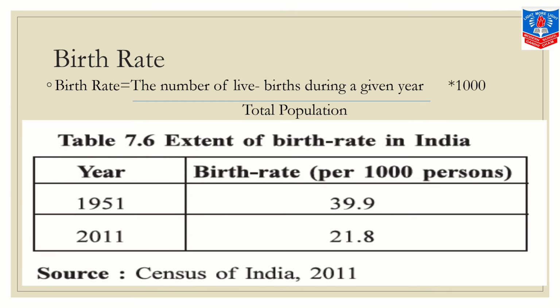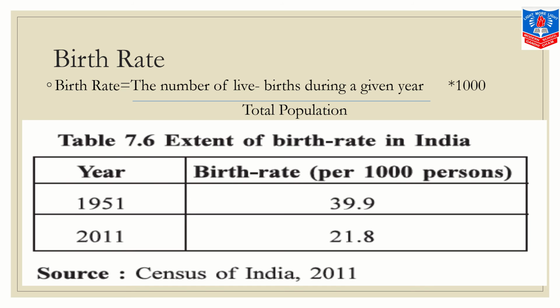So yes, it shows that there is a reduction in the birth rate, but it is a slow reduction. The main reasons for this are low level of education, preference for male child, low income levels, etc. About them as well as other factors we will be studying in this chapter itself.